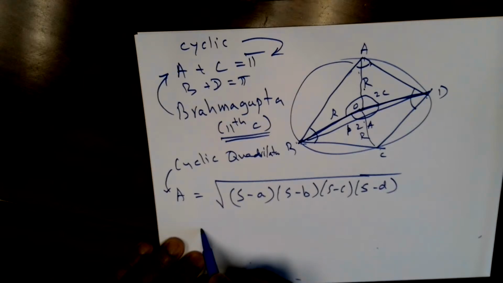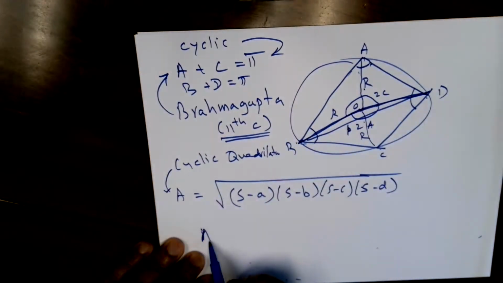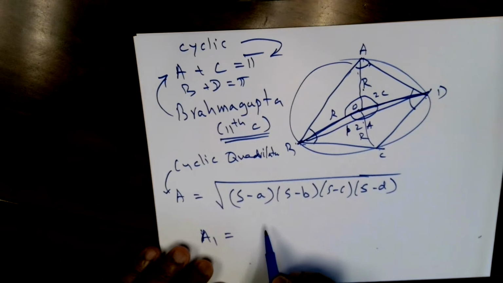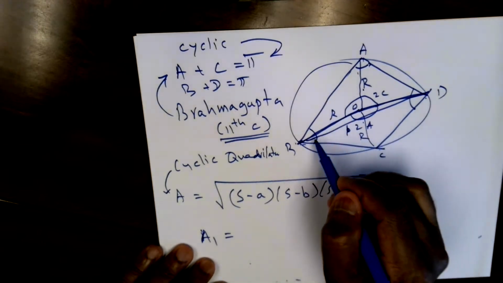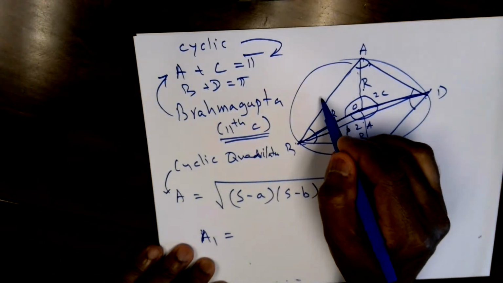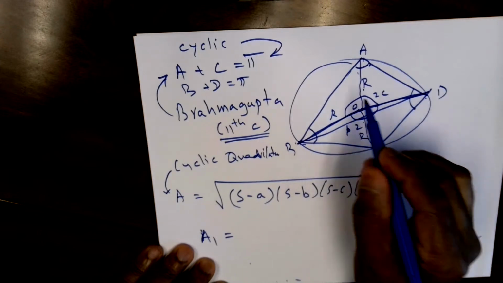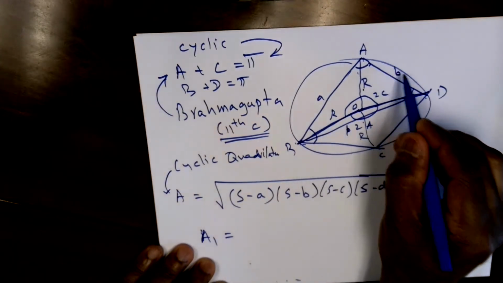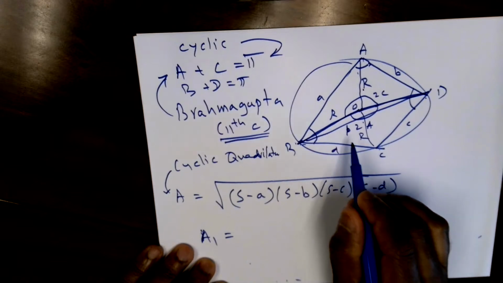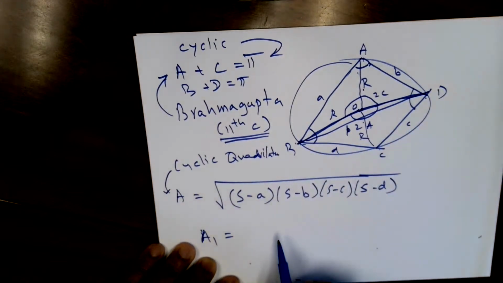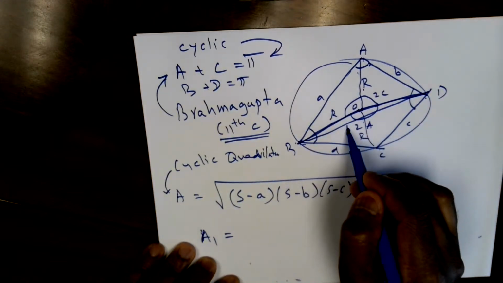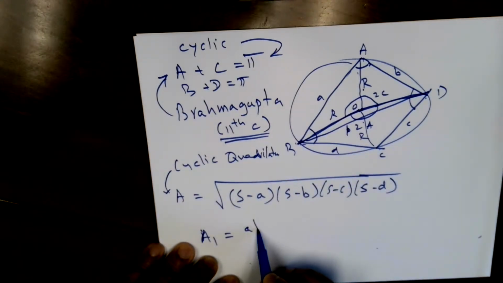So area of the triangle A1 is, let's say, a, b, and let's say that this side is p. So this is abp over 4R.